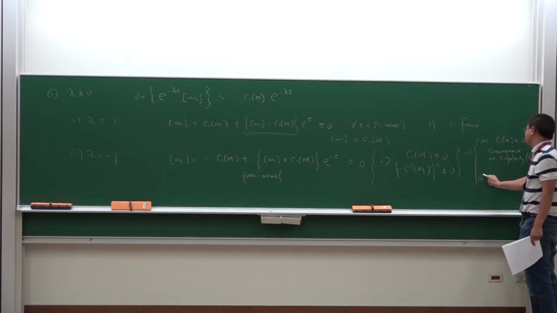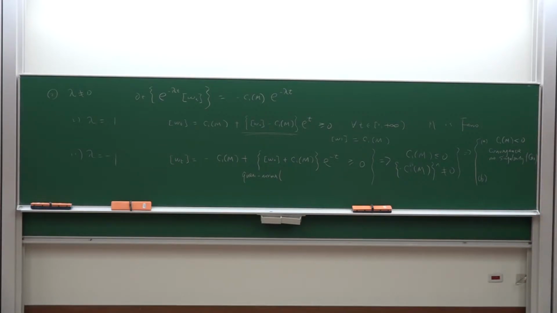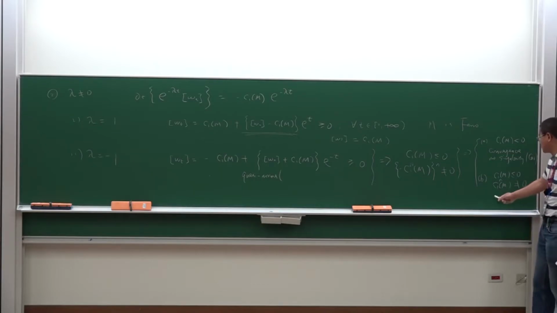So the interesting case will be the case when C1m is only less or equal to 0, but not strictly 0, and C1m to the power n is non-zero. So this is the case.